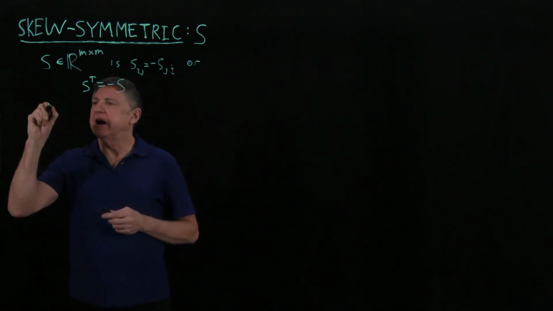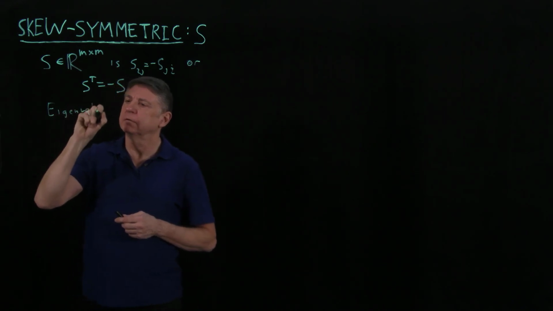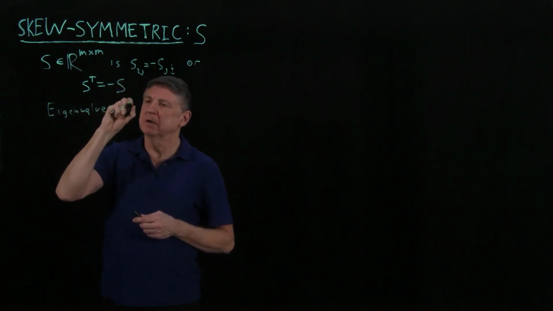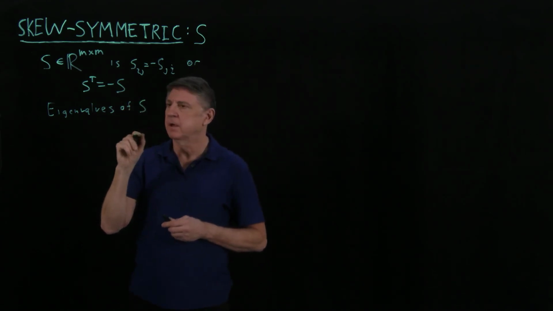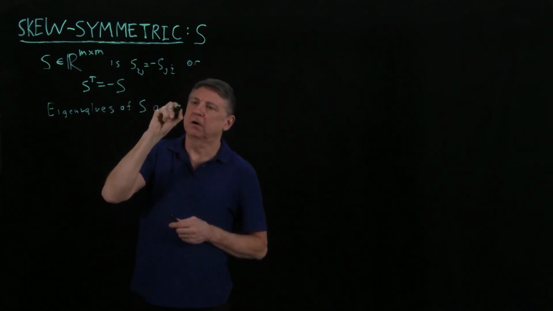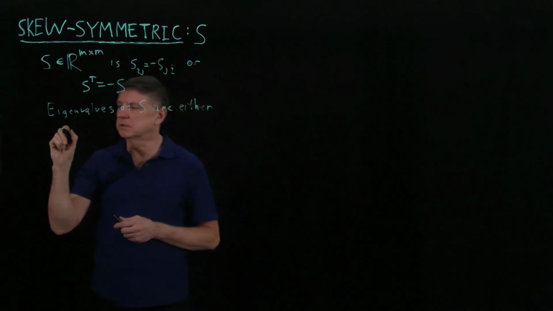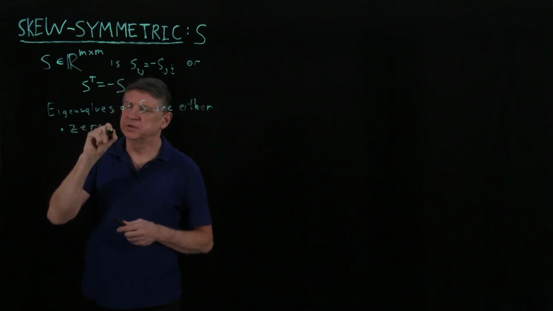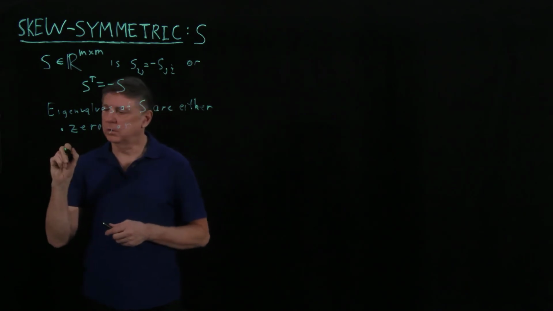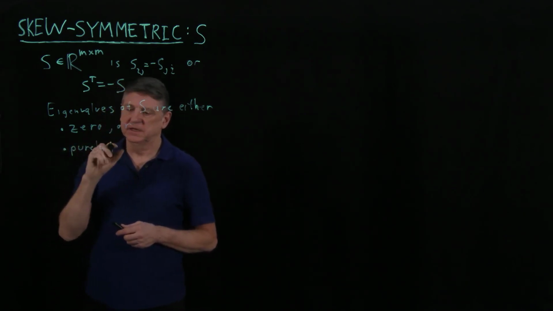So the eigenvalues of a skew-symmetric matrix are either, so this is a remarkable result, either 0 or they are purely imaginary.